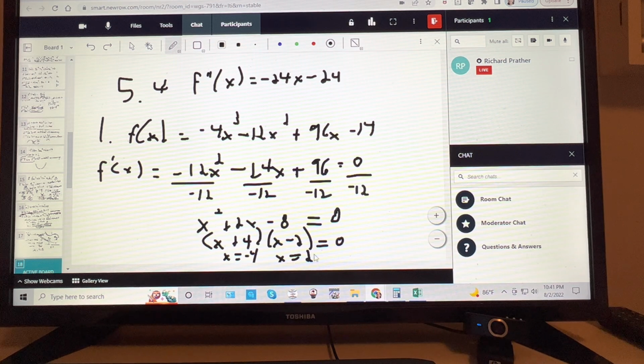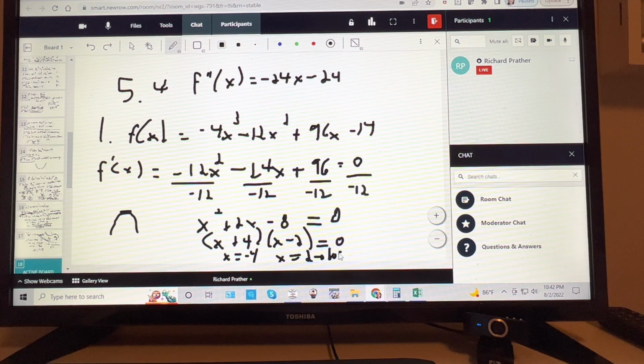And if you plug 2 into that, you're definitely going to get a negative answer. So the graph is concave down exactly at 2. It's flat at 2, and it's concave down there. So there's a local maximum at 2.